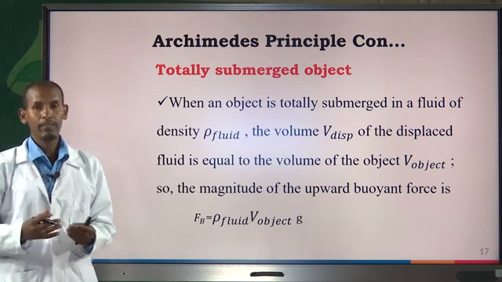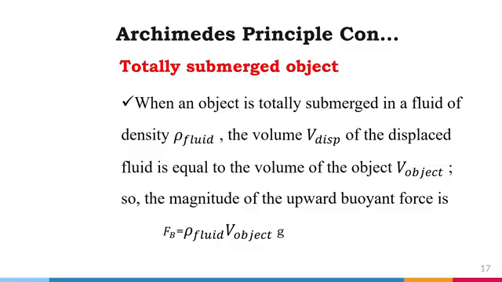We have considered Archimedes' principle for two cases: when an object is totally submerged in a fluid and when an object is partially submerged in a fluid. Let's see the first one, when an object is totally submerged in a fluid of density rho fluid.